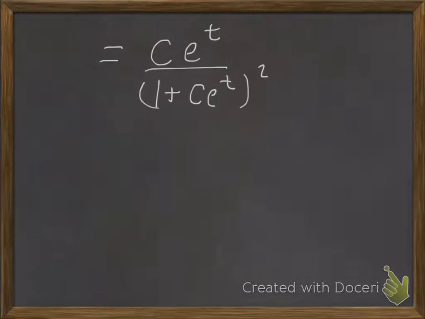So that's what happens if I simplify the left-hand side of the equation, dp/dt, using my given one-parameter family of possible solutions, p of t.